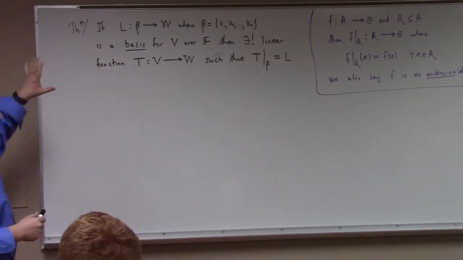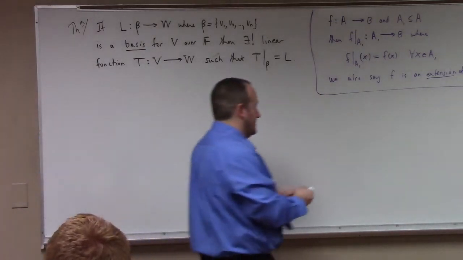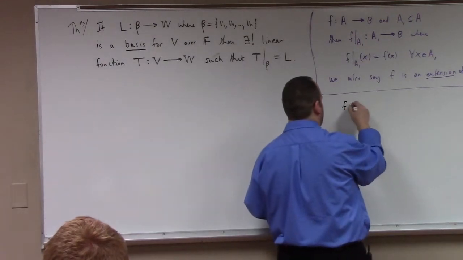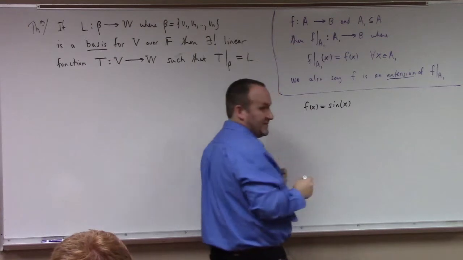All right, so listen, the concept of restriction and extension has been with you since pre-calculus, right? We talk about inverse sine. Is inverse sine the inverse for the sine function? How about sine? Let f of x equal sine x, let me digress for a second.